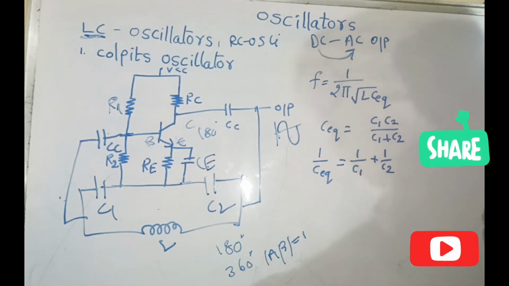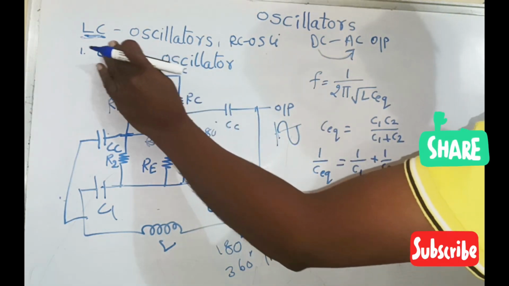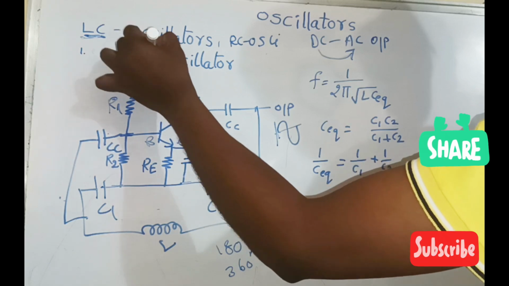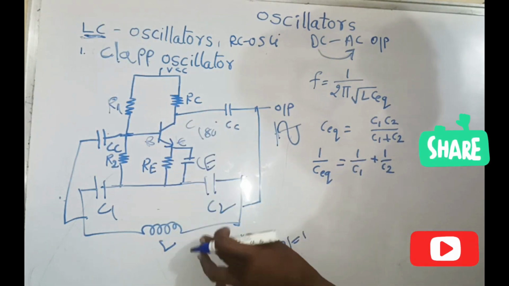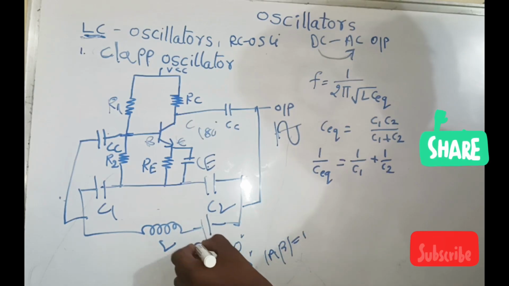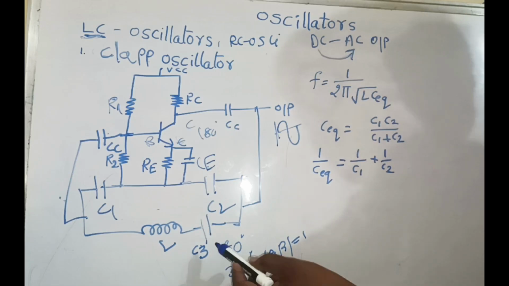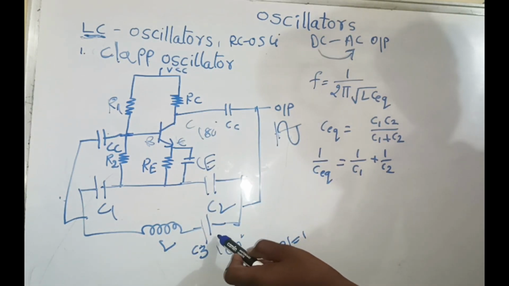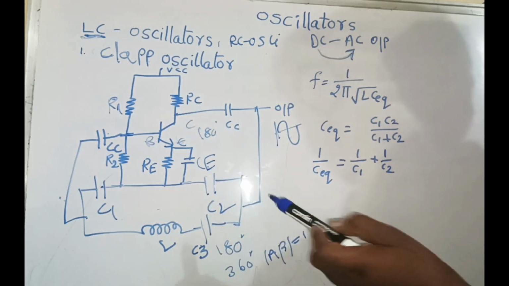Similarly, another oscillator is the Clapp oscillator. The Clapp oscillator is a small modification of the Colpitts oscillator: if in the Colpitts oscillator you connect one capacitance, C3, in series with L, then it is a Clapp oscillator.